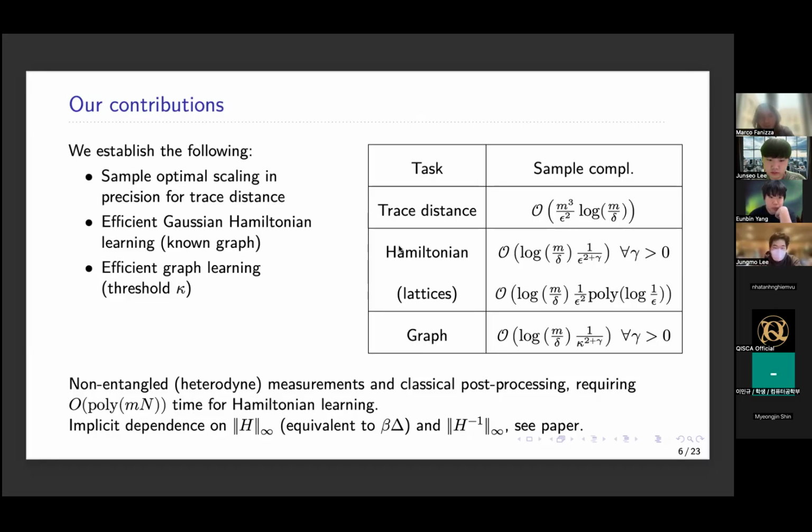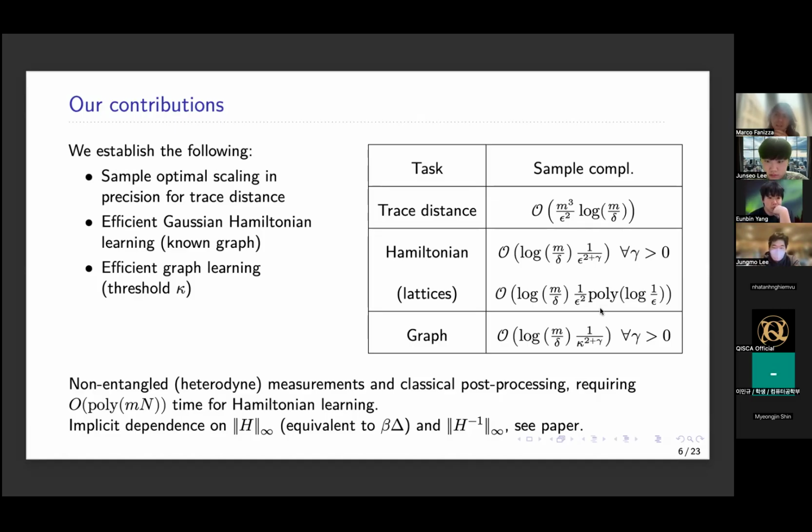And the dependence on the precision in Hamiltonian learning is 1 over epsilon squared plus a correction. In the original version of this work that is still on arXiv, we had specific functions of the degree here, but actually we refined the analysis and we will update the paper to show that this correction in the exponent goes to 0 when epsilon is small.